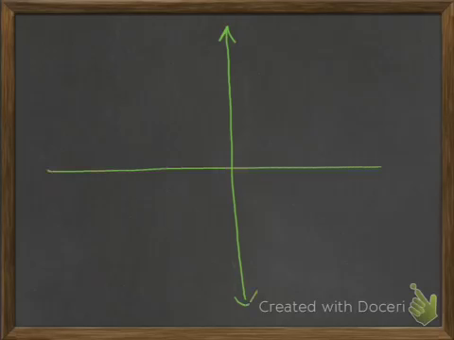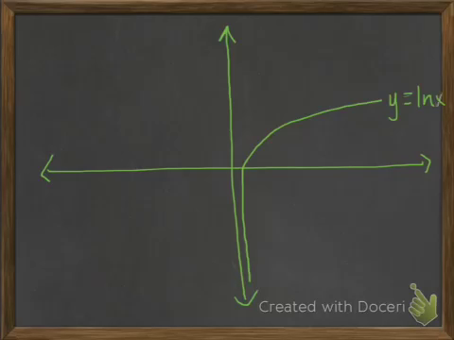We have this graph here, and I'm going to draw the curve for ln x. It's going to be something like that. I'll label it y equals ln x, and it starts here at 1.